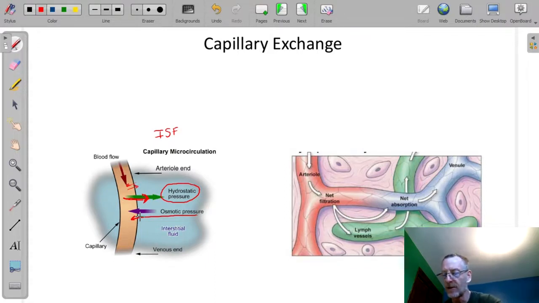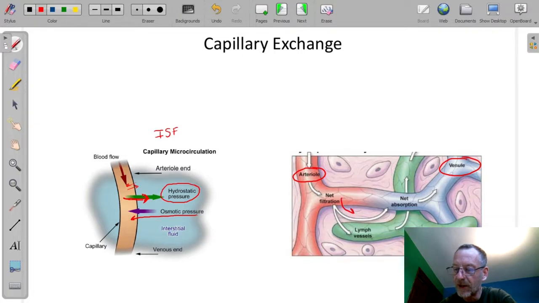On a larger conceptual picture on the right, here is a capillary bed with an arteriole and a venule and a capillary across the two. And what we see is net filtration.